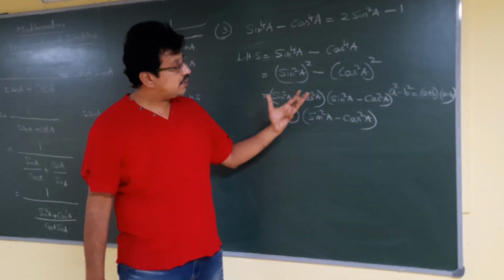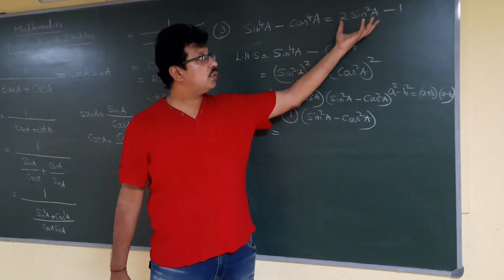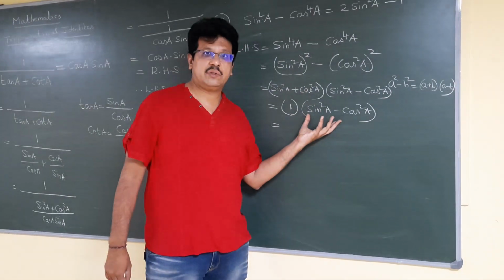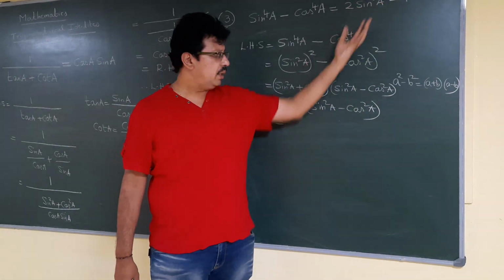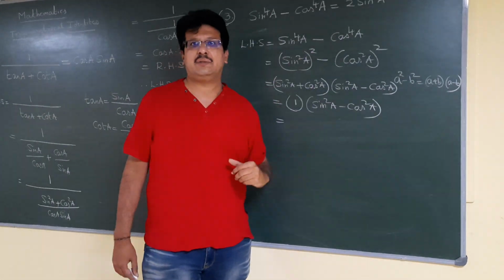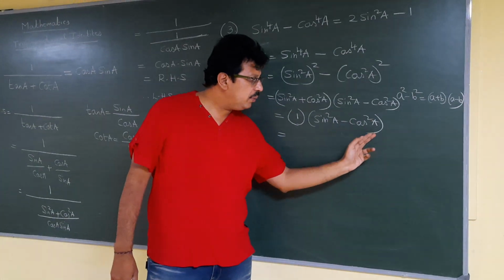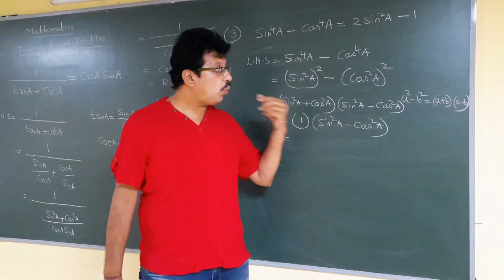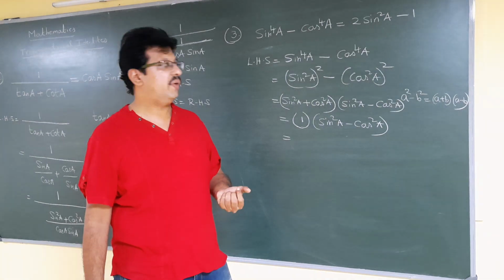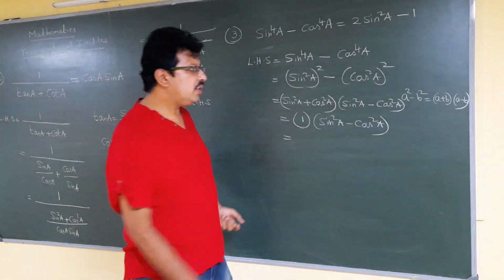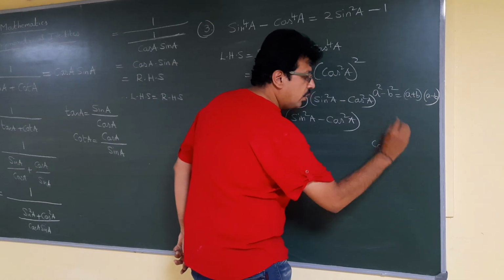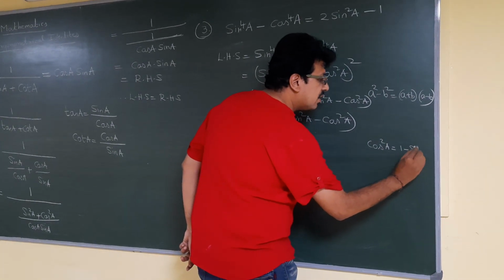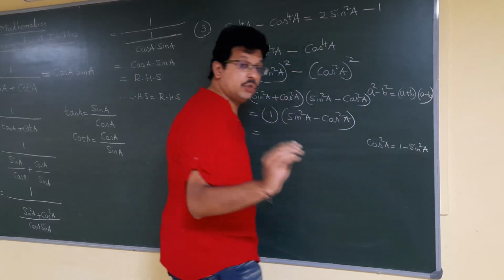We should always keep on seeing the RHS also while taking the LHS. So sin square A is there, so sin square A should be there, but cos square A is not there in RHS. So we have to remove the cos square A. What should you write for cos square A is a very important question. See, cos square A is also equal to 1 minus sin square A. Students, you should know this very well.